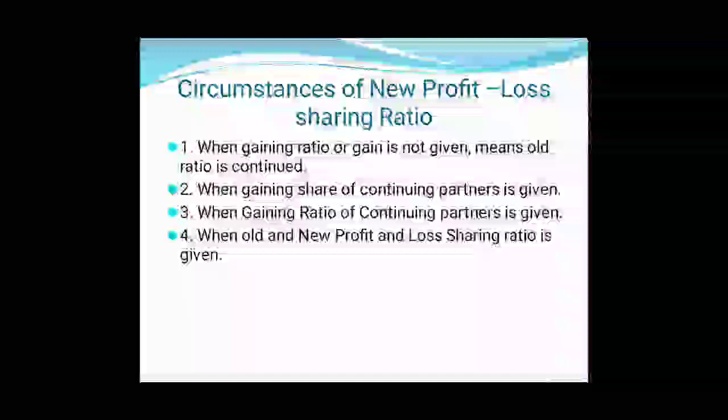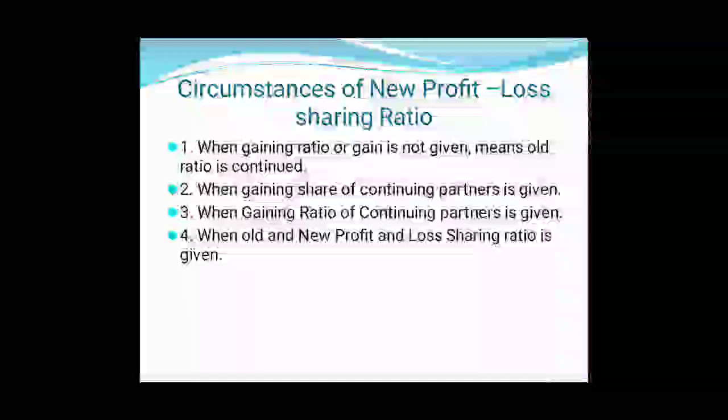And if A is retiring, then A's share will be removed and B and C will be sharing in 2:1. So in case no information is given, we will take the old ratio as the new ratio, the same will be continued, and in this case the old ratio will also be equal to the gain ratio of the continuing partners.